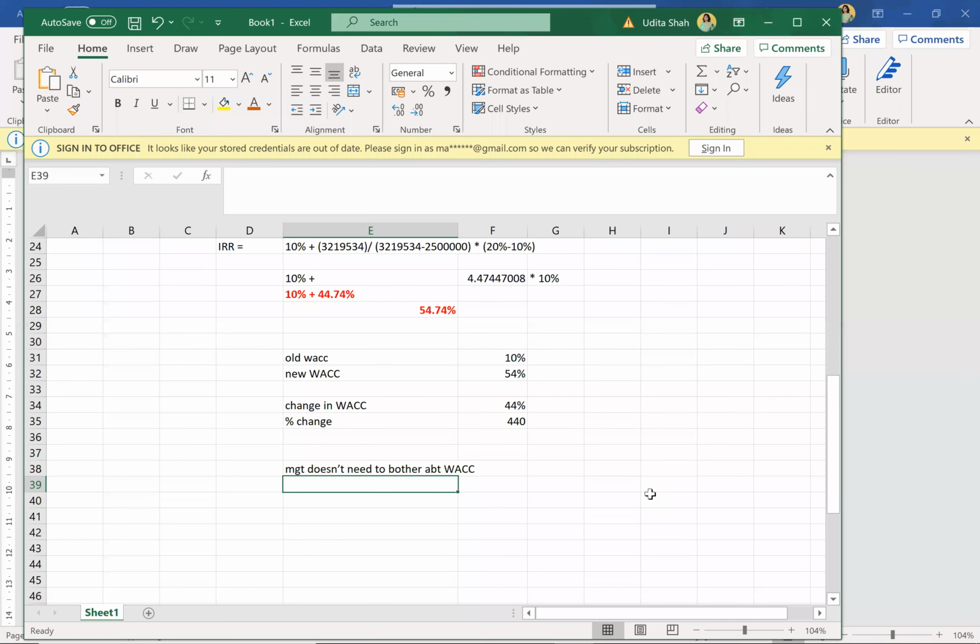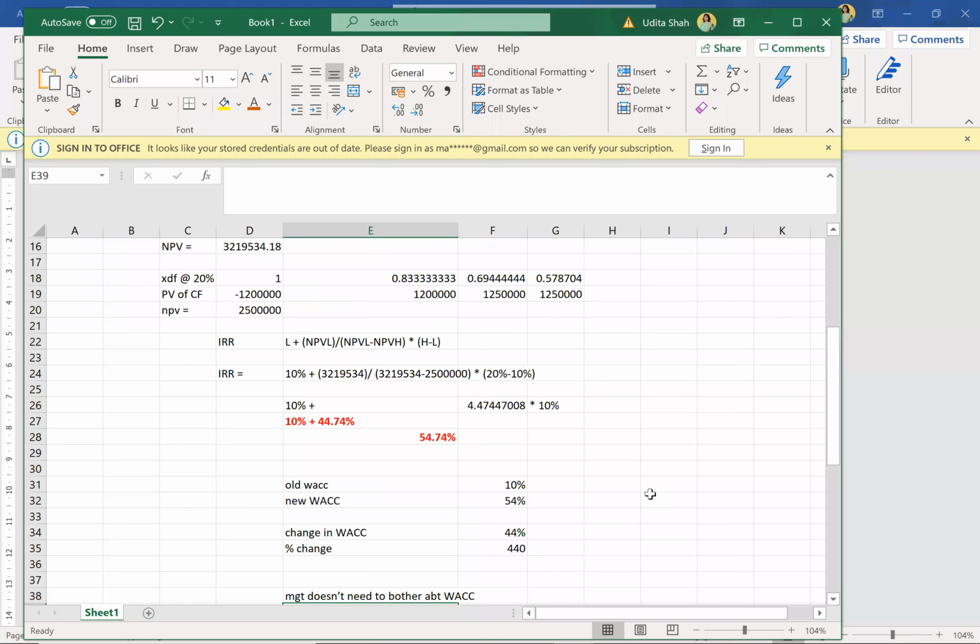Anything beyond 100%, management does not need to bother about it. Management will only compare those elements which are below 100%, and that too, the lowest percentage will be the most sensitive one.